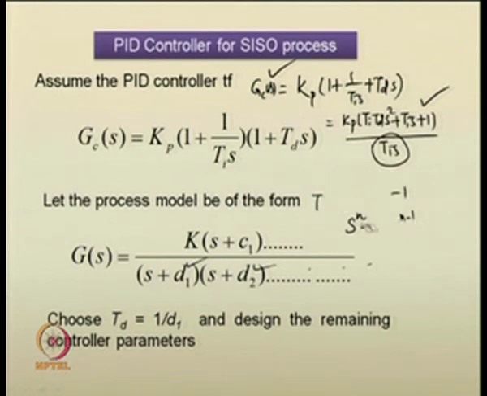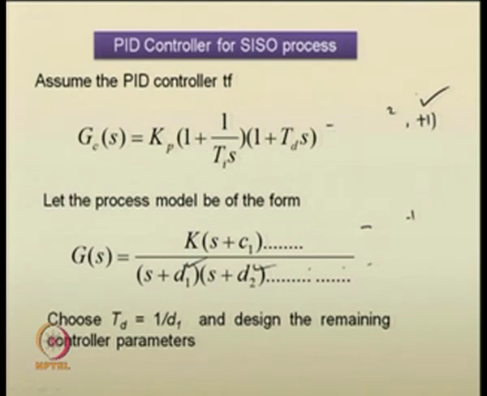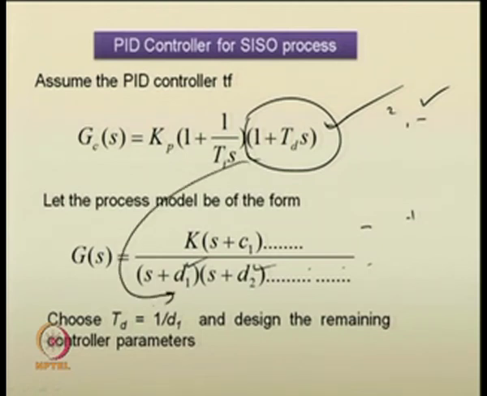To handle those situations, we can always use a series form of the PID controller, in which case one of the zeros of the PID controller is cancelled with one of the poles of the all pole transfer function. How to select, how to make cancellations? We should choose the Td of the controller as 1 upon d1, and this d1 should be as small as possible.